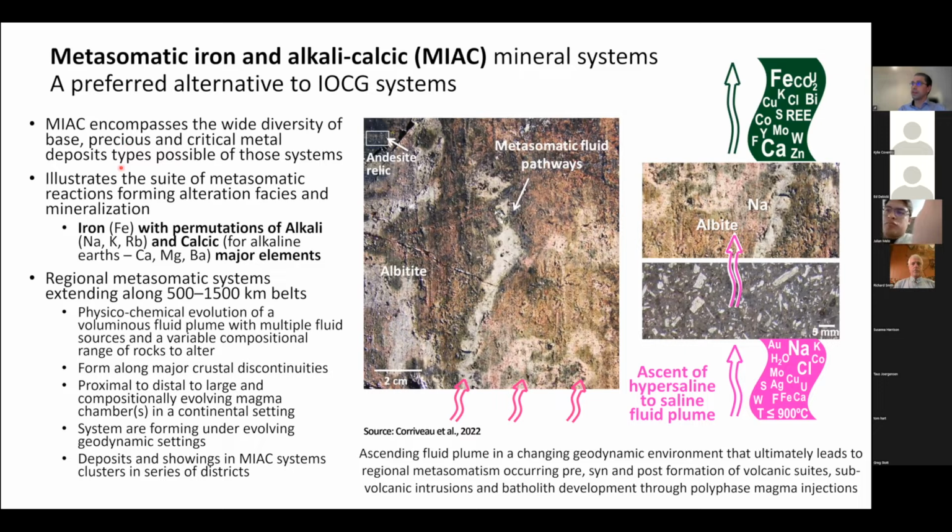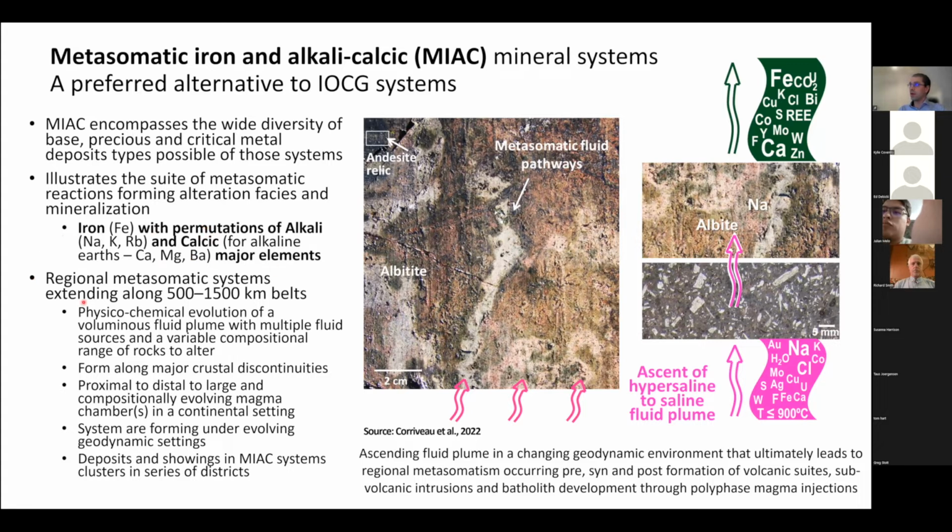But also, it is illustrating the suite of metasomatic reactions that are forming different alteration facies and mineralization. So as I mentioned previously, iron with permutation of alkali and alkaline earth is really what can help us figure out where we are within these hydrothermal systems and what is the potential significance in terms of metal assemblages that can be formed in these zones of alteration.